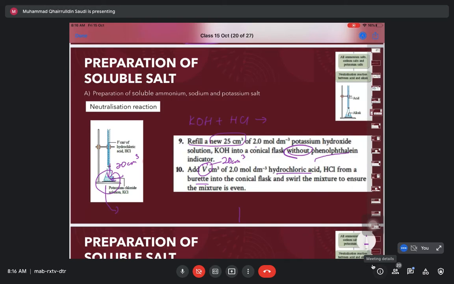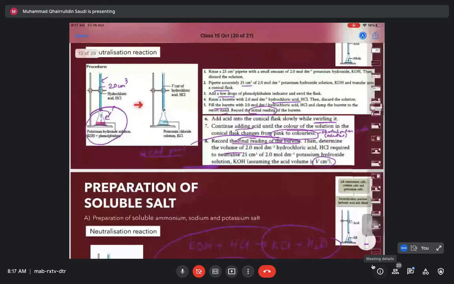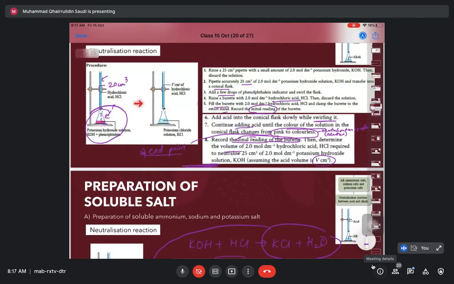Potassium chloride and water. Good one. So potassium chloride and water lah ada dalam ni. Kalau dekat atas tadi ada phenolphthalein sekali, kita tak nak. Okay, kita tak nak phenolphthalein dalam tu. Why? Because kita nak prepare salt. Kita tak nak salt kita bercampur dengan phenolphthalein.